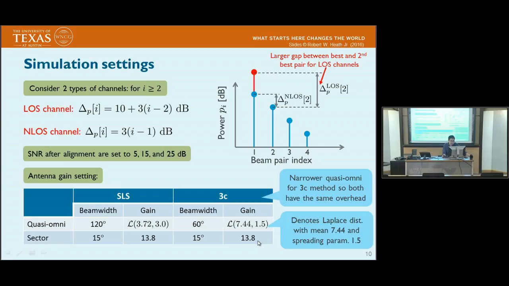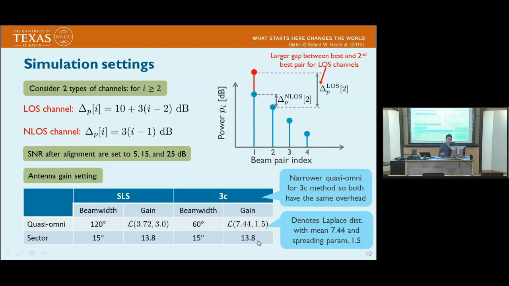And the SNR after alignment is set to 5, 15, and 20 dB. And for the gain fluctuation, the parameter for the Laplacian distribution is shown here for the SLS method and 3C method.